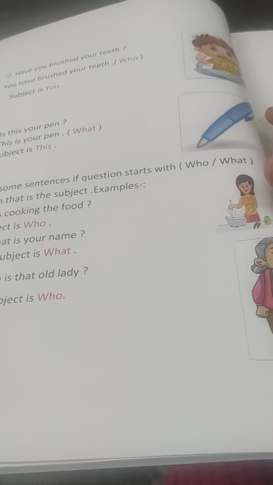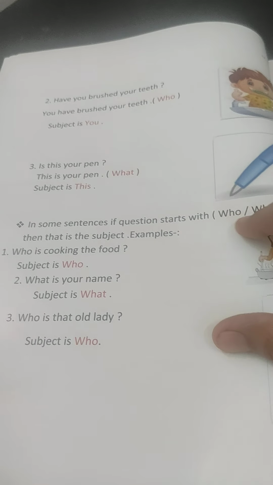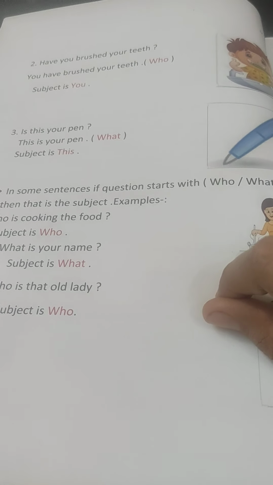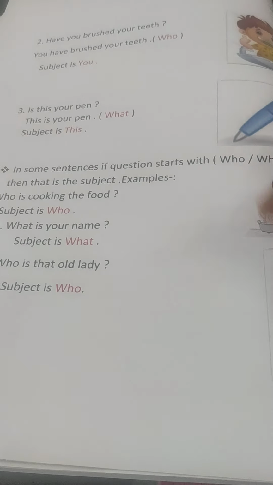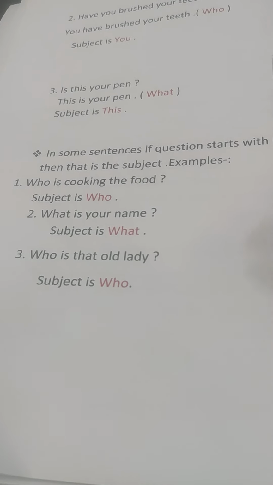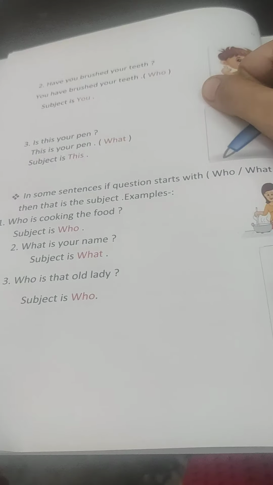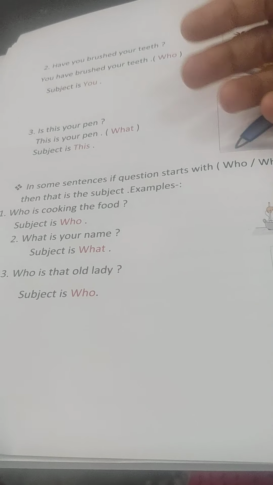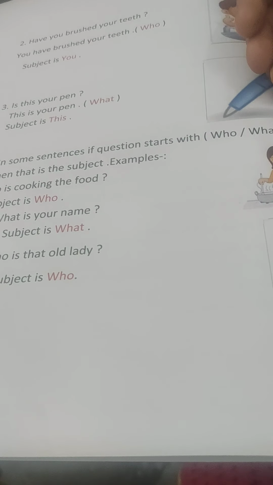Now, in some sentences, questions start with who or what. Who are you? What is your name? Right? In those cases, you need not find the subject with this method, like convert and then ask the question, because ultimately you are going to ask the question as who or what, right?